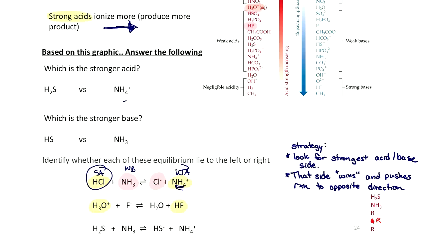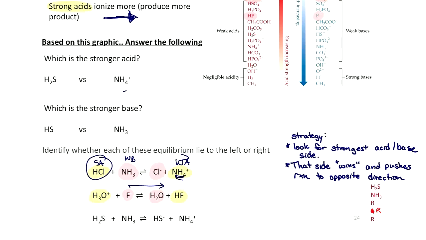So it pushes the reaction in the forward direction. We can do it for the bases too. If these two things are the acids, then F- and water have to be acting as bases. So let's locate them on this table. Fluoride is right here. Water is right there. Which of these is the better base? Fluoride. Fluoride is the better base, so it pushes it to the right side. All right, so both hydronium and fluoride are the better acid and base pair. So it pushes to the other side.